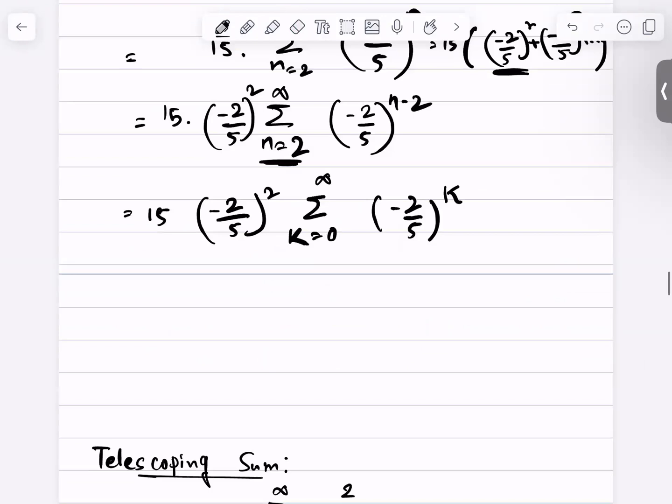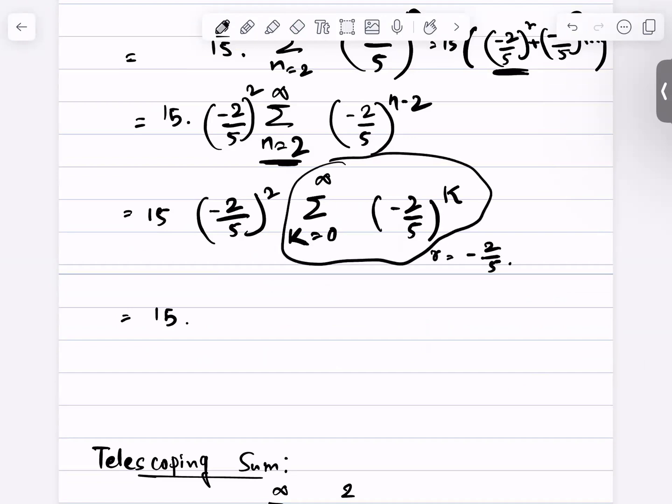But then this is basically a geometric series where your r is -2 over 5. See, this is exactly a geometric series. R is that. So 4 over 25 is there.